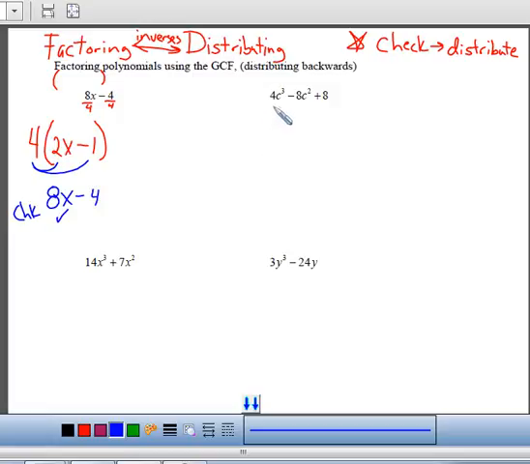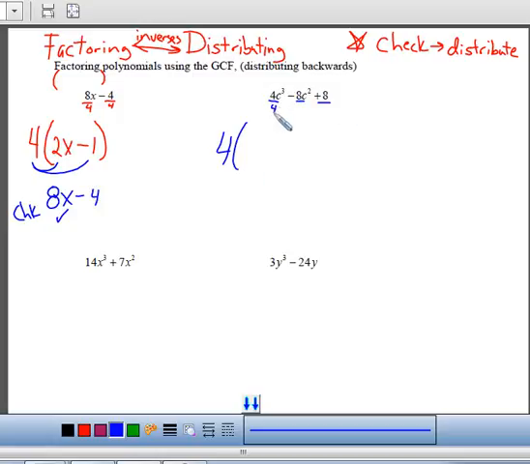Okay, so the next one, I look to see what all three terms can be divided by. They can all be divided by 4. They don't all have a term with the variable c in it, so it can't be 4c, it's just 4.